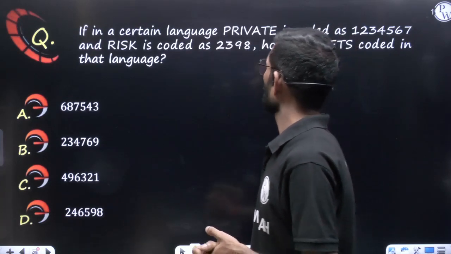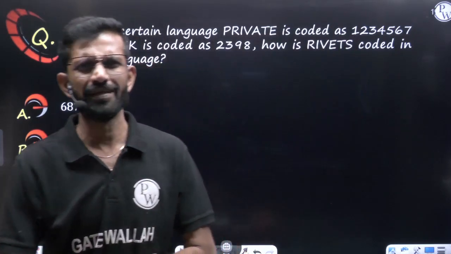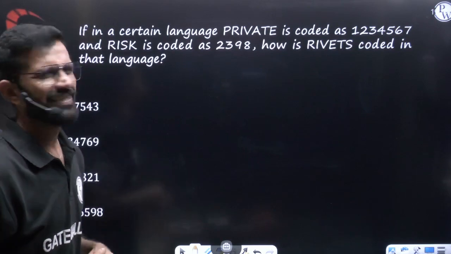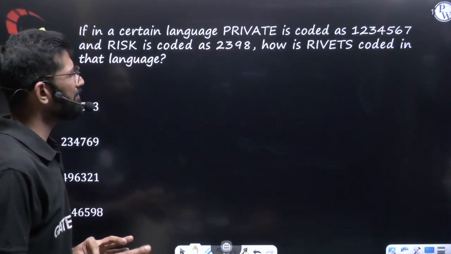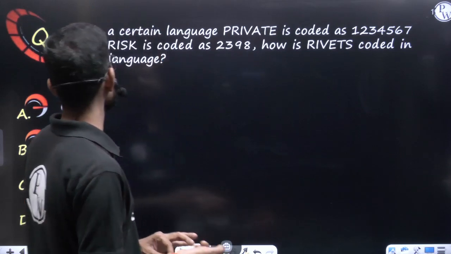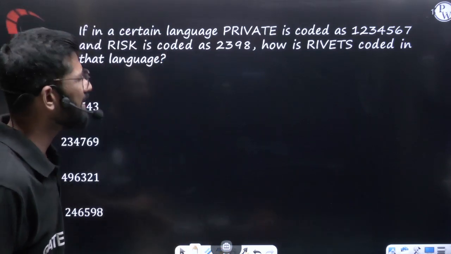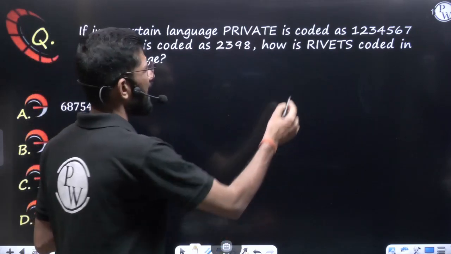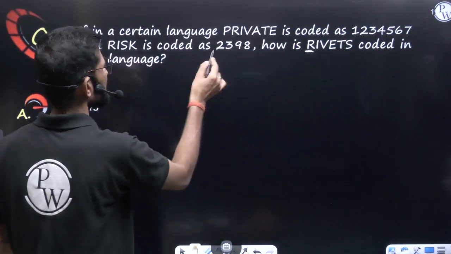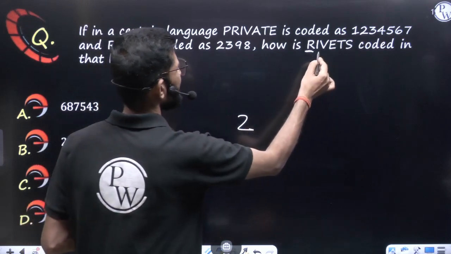If in a certain code language, private is coded as 1, 2, 3, 4, 5, 6, 7 and risk is coded as 2, 3, 9, 8, how is rivets coded in that language? I think you can do this. Pause the video and please do it. It's very simple, the same thing we understood. Rivets, start with R. R is given here as 2. So 2.